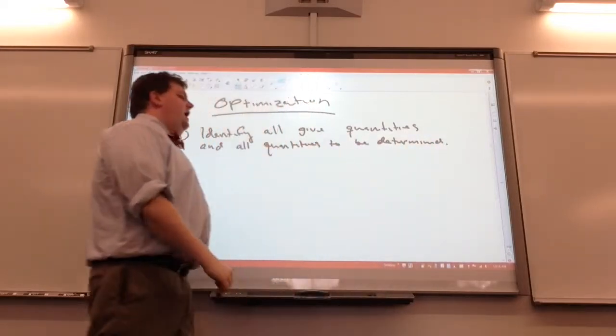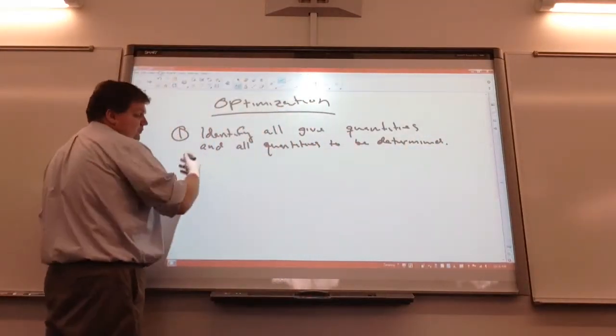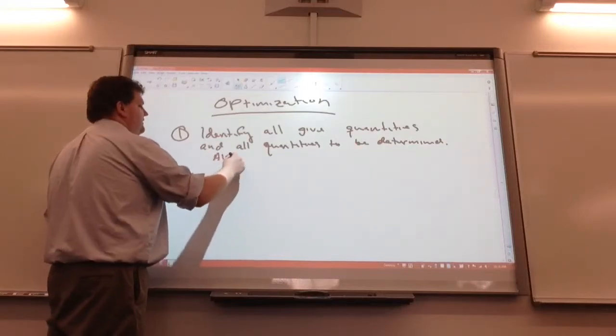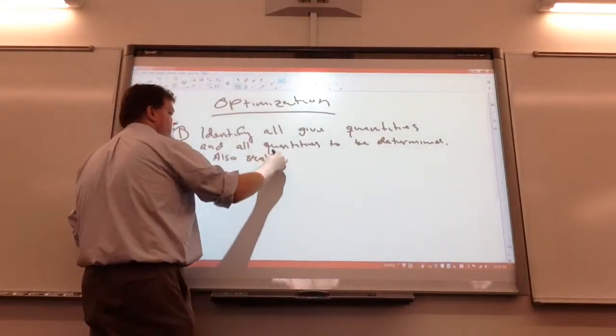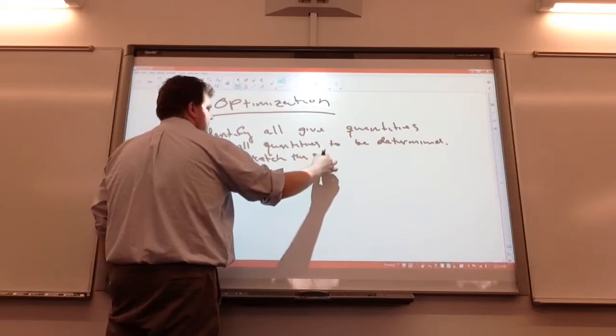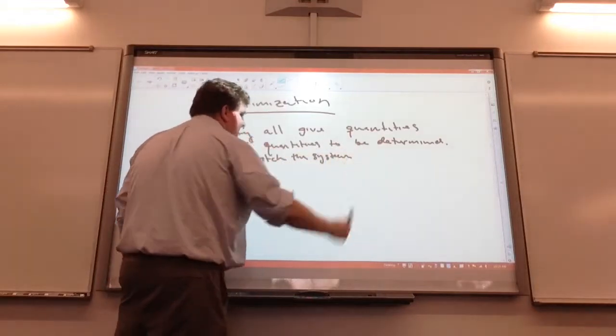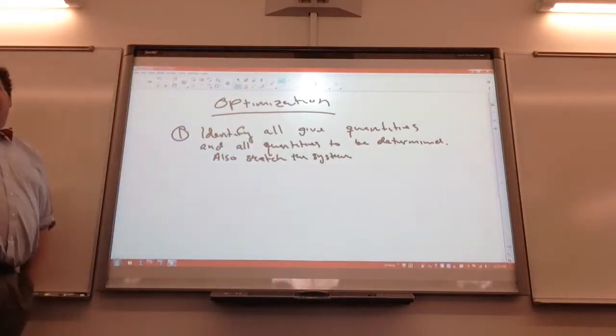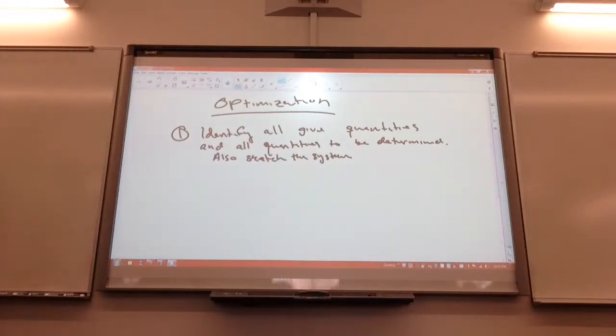Also sketch the system if possible. In a lot of ways, it's a lot like what we did with related rate questions, where we figured out what we had, what we needed, and we drew a picture of the system.